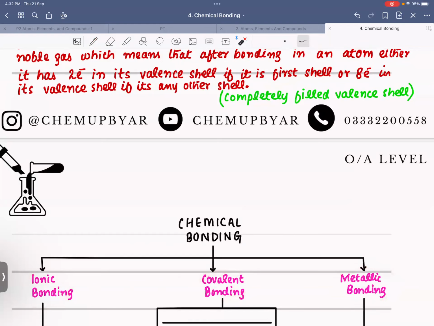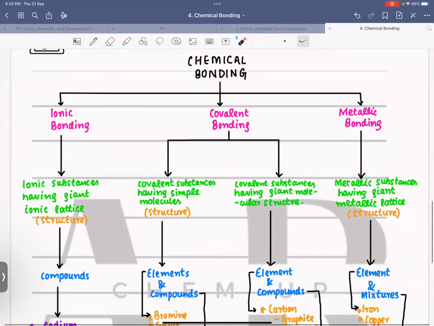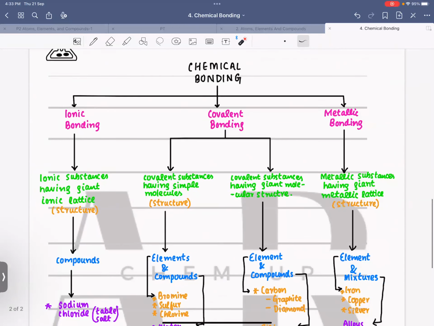When an ionic bond is formed, they are going to form a giant ionic structure or giant ionic lattice, and due to the formation of an ionic bond, they are going to form compounds only.